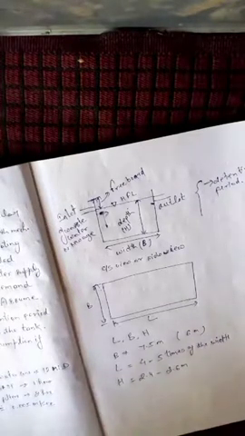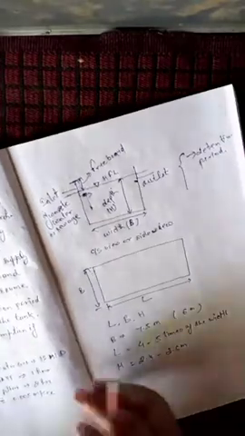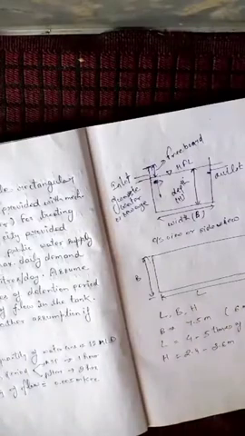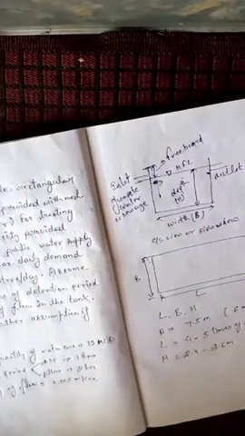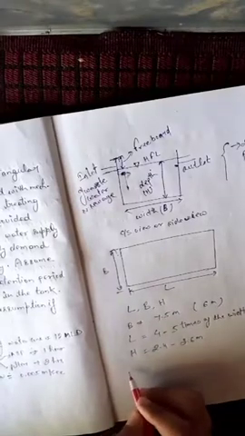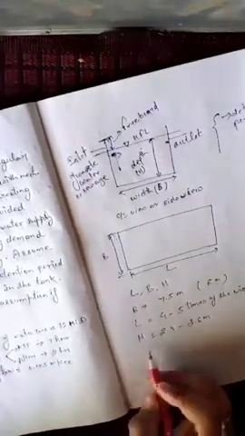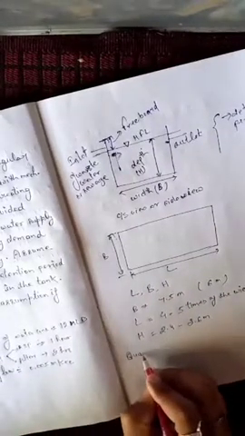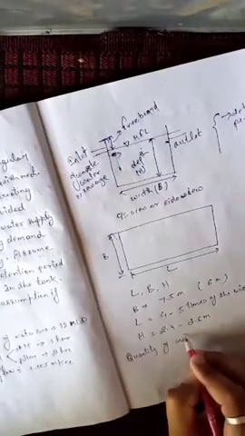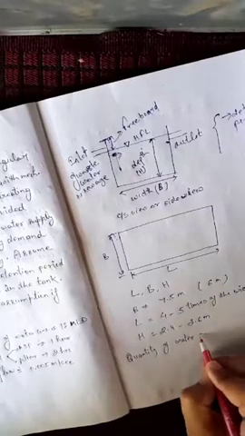Now let's solve this question. These are the various parameters we have to determine for the design of a sedimentation tank for primary treatment. The data is given, which is quantity of water consumed by the city.